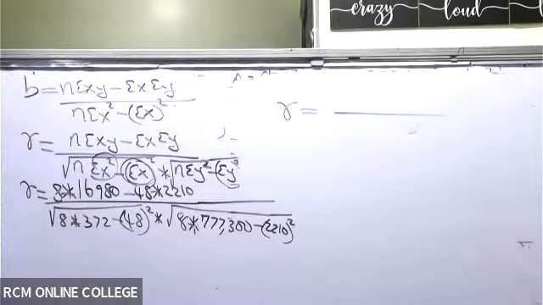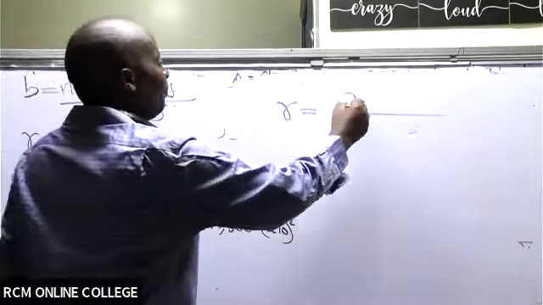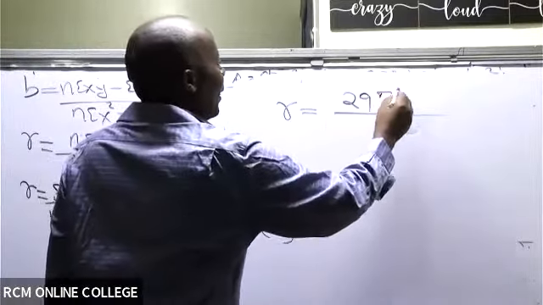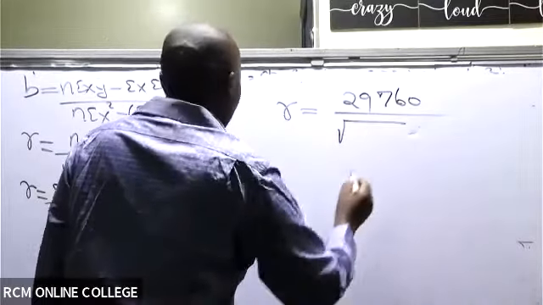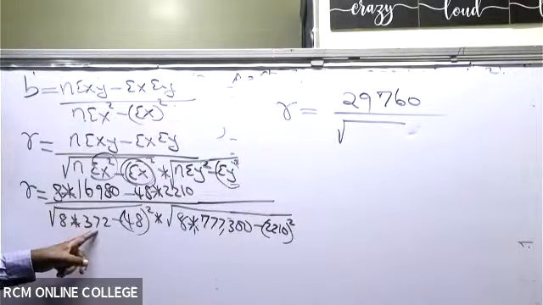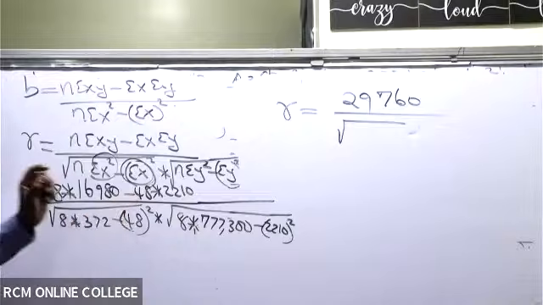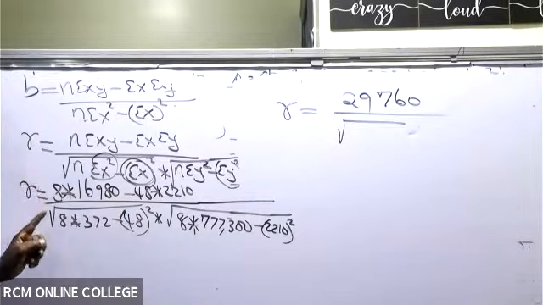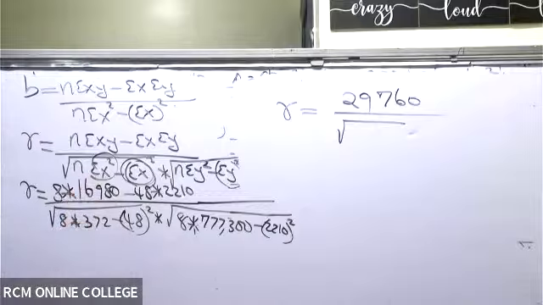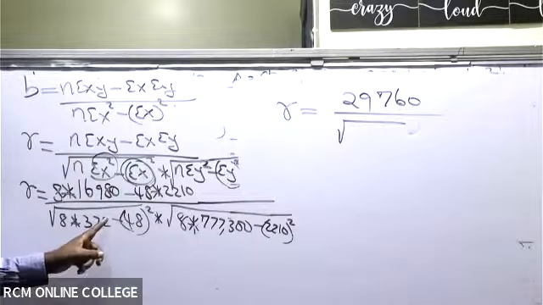So they have confirmed that the numerator is 29,760. 29,760 divided by, is there somebody who is able to give me what we have under the square root here? 8 times 372 minus 48 squared.